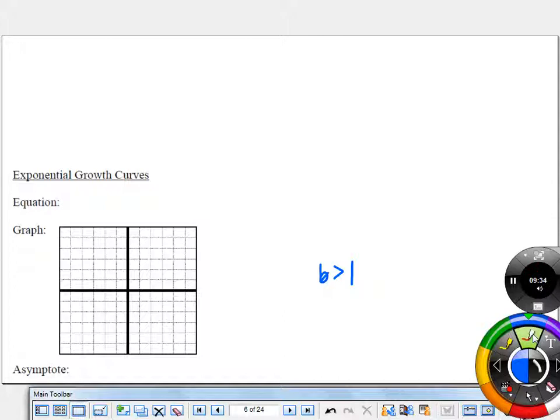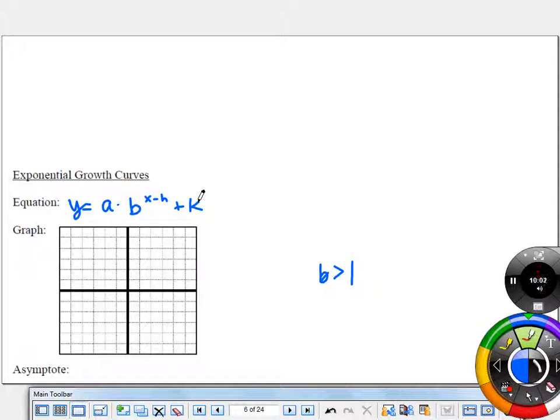They only happen when the base is bigger than 1. Remember, we said that the equation is going to look just like what we were looking at. And the equation is going to get slightly more complicated in that they could also put a multiplier in here that's like a horizontal stretch or compression, just like this one can be a vertical stretch or compression. None of that stuff is going to change from how it worked before.